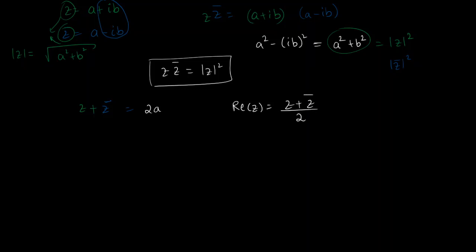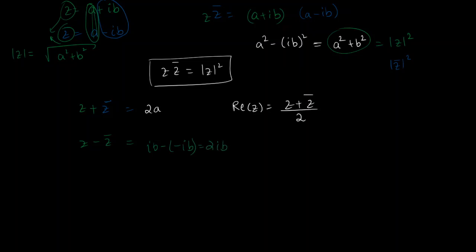If you instead took the difference of z and z bar, that is going to be equal to, well, you subtract out the real parts and you are only left with the imaginary part. So you get ib minus negative ib. That gives you 2 times ib.